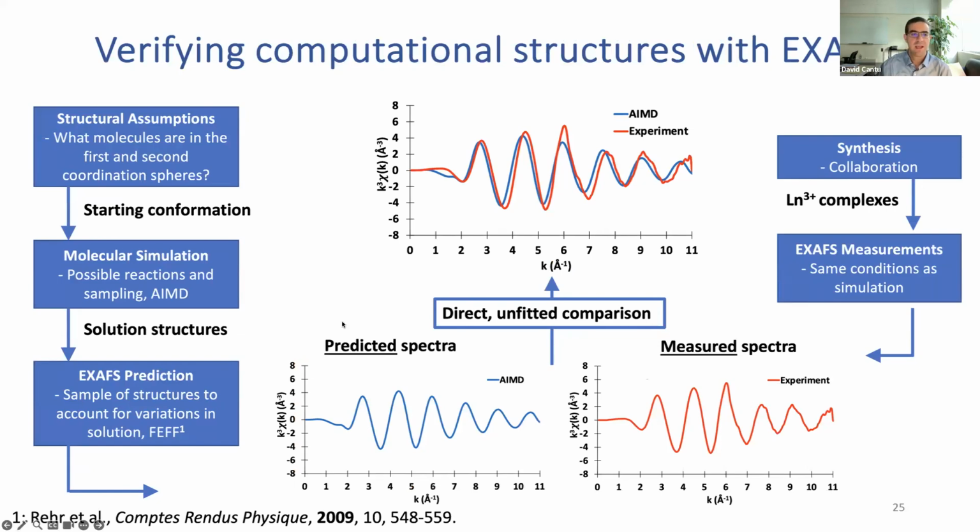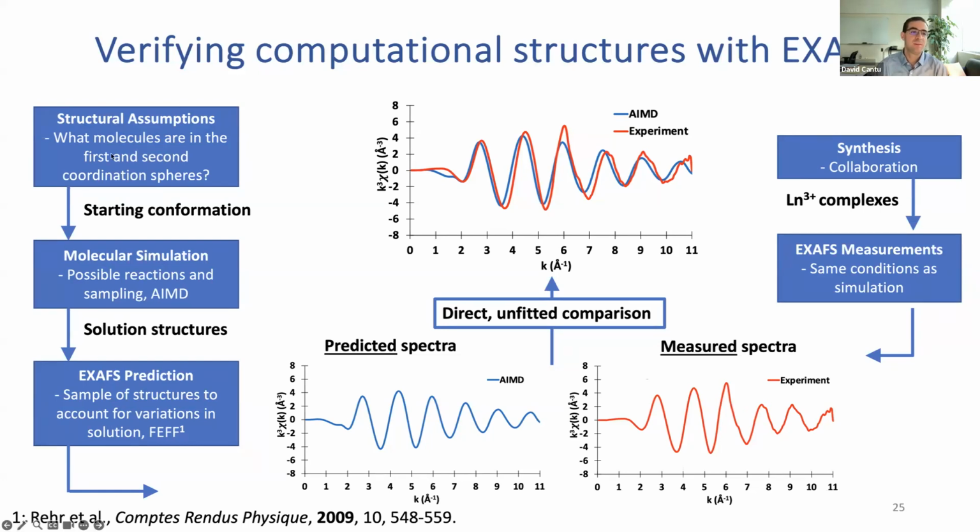We measured it, and then in MD, especially if you're doing ab initio MD, your starting conformation is going to bias what conformations you're going to explore in the simulation, what you're going to sample.